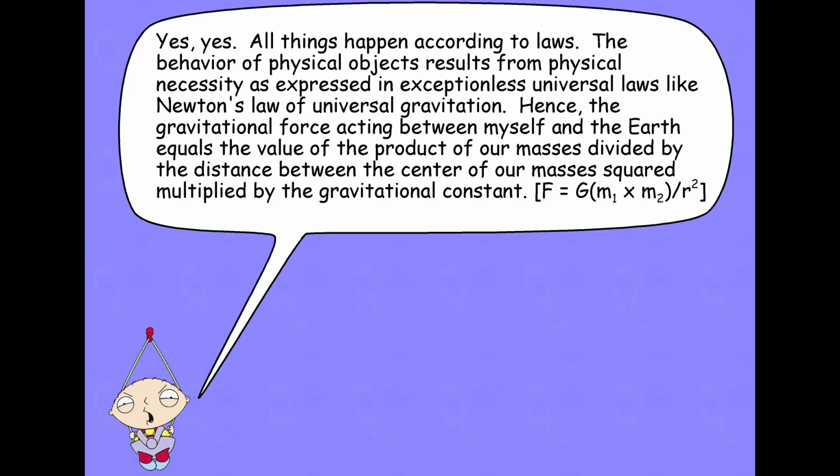So when he says all things happen according to laws, when he's talking about the physical realm, physical objects, the behavior of physical objects results from physical necessity. Physical necessity is expressed in these exceptionless universal laws.